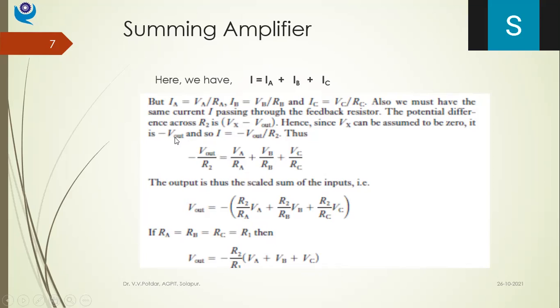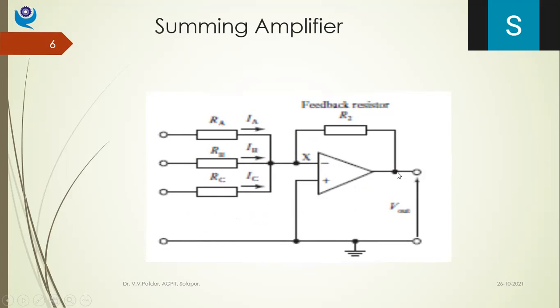And so, what happens now? Vx minus Vout will be equal to I into R2. So I will be equal to Vx minus Vout divided by R2.